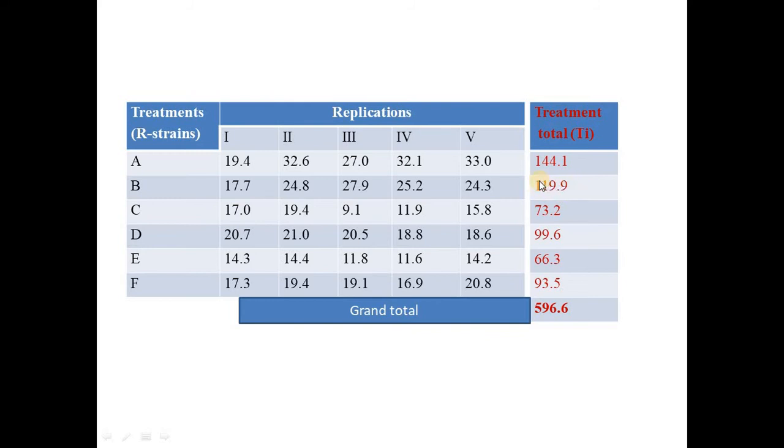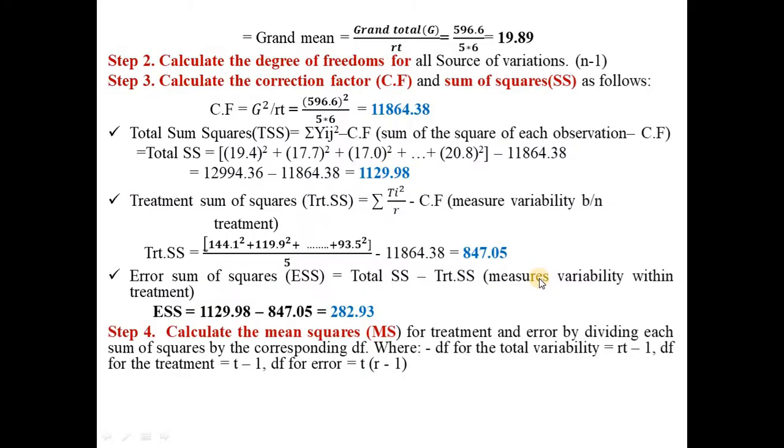This is the second treatment total, and similarly the third up to the 6th treatment totals. If you sum these values, we will also obtain the grand total as indicated here, and summing all the observations gives us a similar value. The better and easiest way is summing up the treatment totals in order to obtain the grand total.